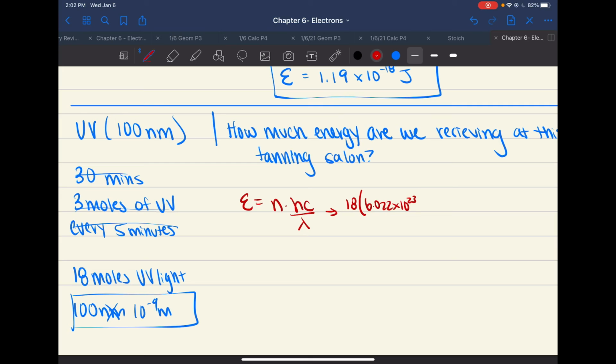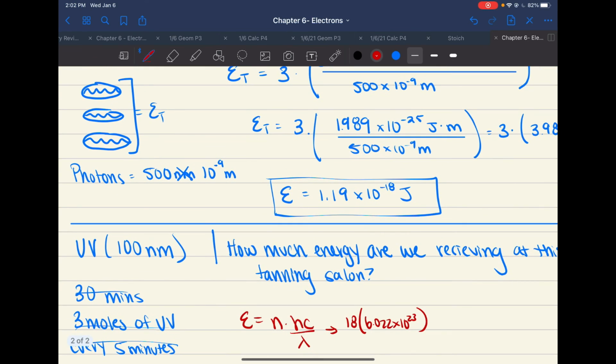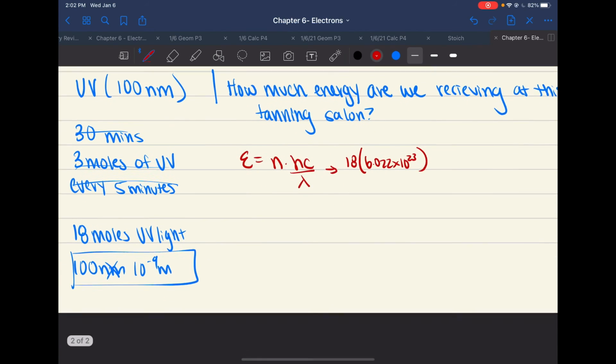Now, I want to be very clear here. A lot of students still make this mistake when we are plugging in moles. Remember, there's a difference between what we just did, meaning we have 3 photons and we calculated the energy of each of those photons, versus 18 moles.